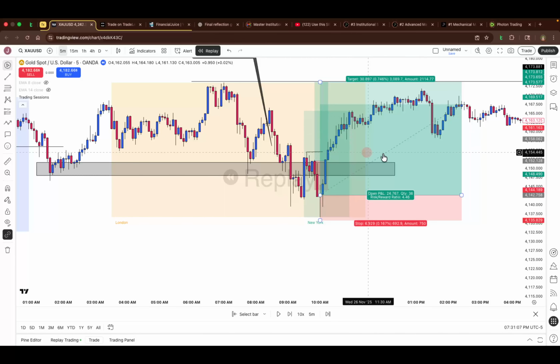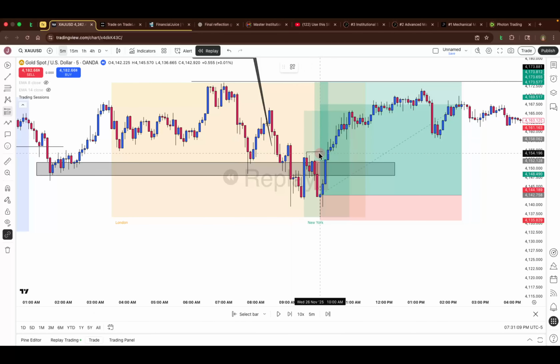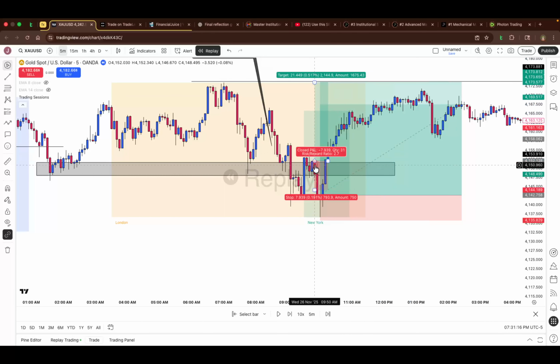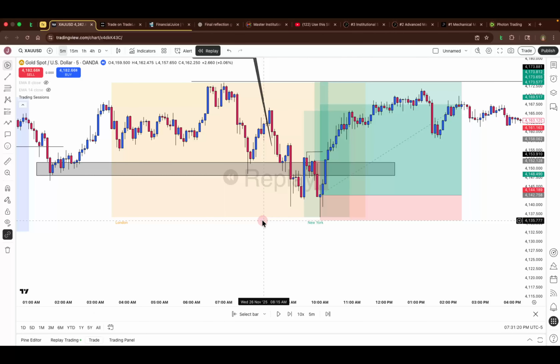It's kind of crooked, but could have entered right here, stop loss like right here, TP like here. That would have been a better trade. I didn't do that, in hindsight though. Instantly got stopped out.